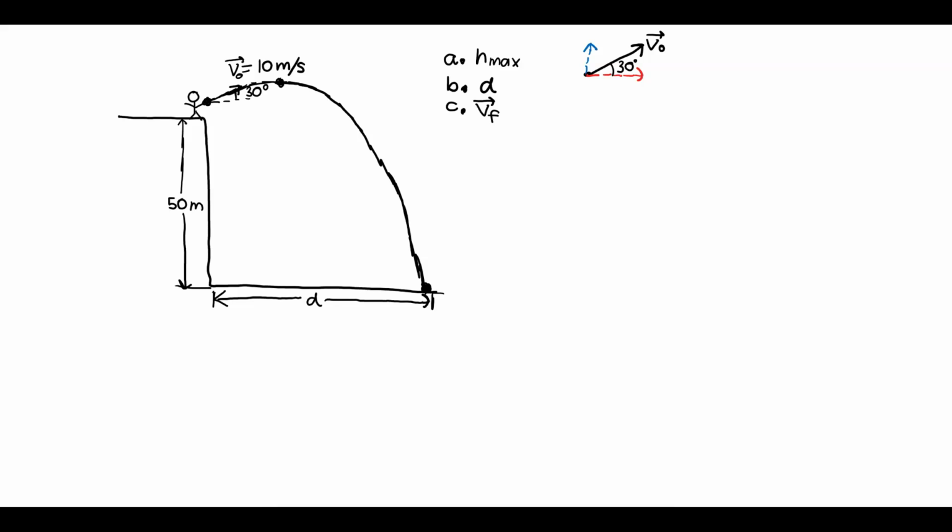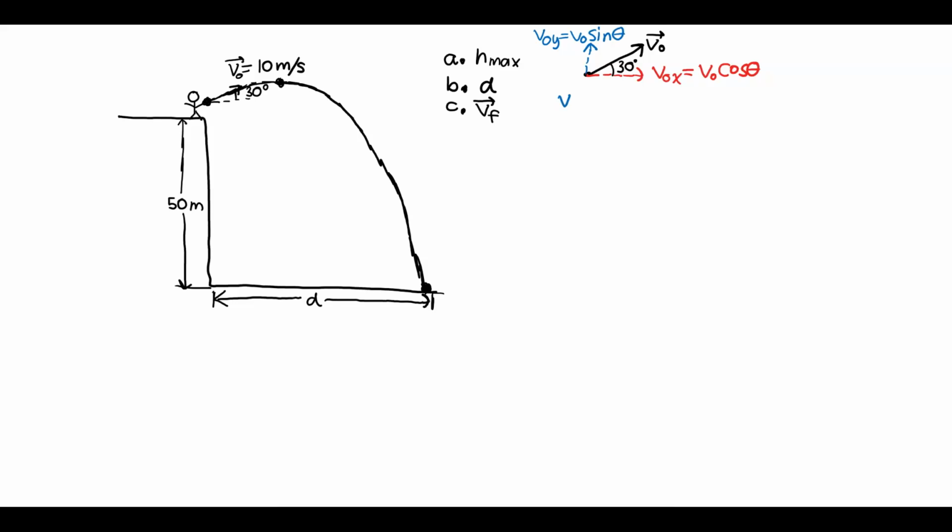So if we know the angle, we can find v naught x by just taking the cosine, because you just have to imagine the component of a vector as a right triangle, as we have studied in the vector unit. So this will be the cosine of the angle, and v naught y will be the sine of the angle.